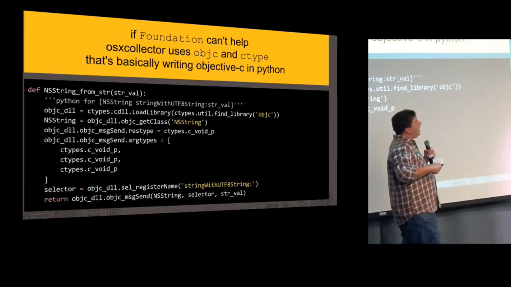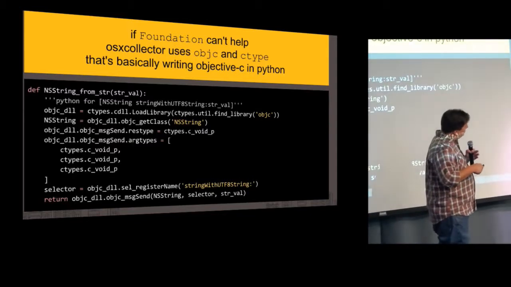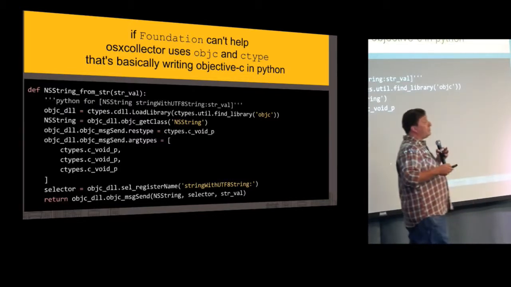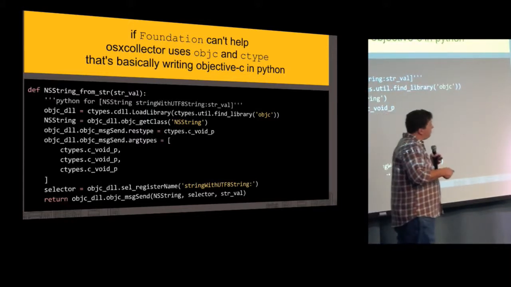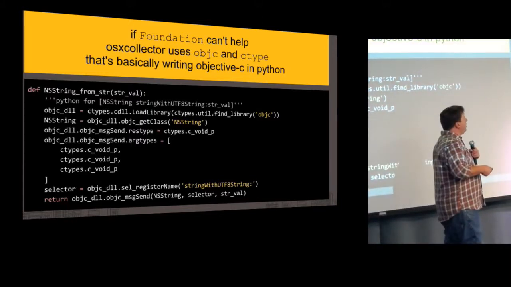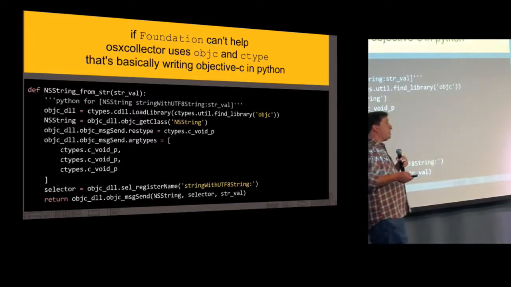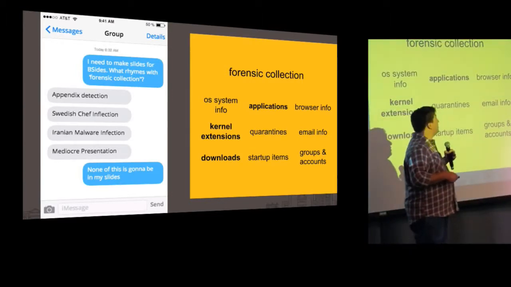There are Obj-C and C-type libraries in Python that let you do this, and this code here basically maps to this line of Objective-C over here. That meant we could basically do anything, which is what I said before and was lying, but now I'm saying it and more or less telling the truth. So we're able to collect lots of data, however we want, making system calls, parsing files, whatever. So what do we collect?